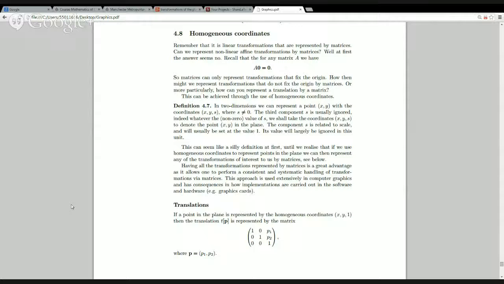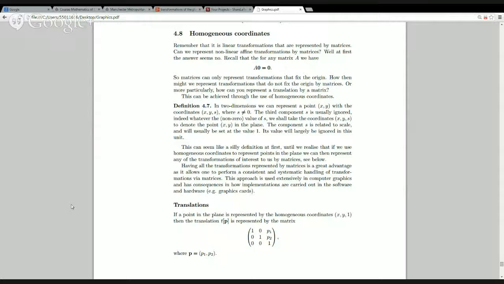If we introduce a new coordinate. Up to now we refer to points in the plane with a pair of coordinates, because that's all you need: distance along the x-axis, distance along the y-axis. Well, if we allow ourselves to add on an extra third coordinate, which we're going to call s, so x, y, s, then most of the time we'll just ignore it.